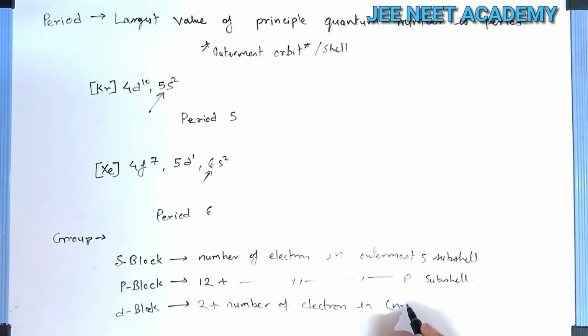For F block, group will always be 3. If you get to know that this element belongs to F block, then the group number for that element will be 3 only.